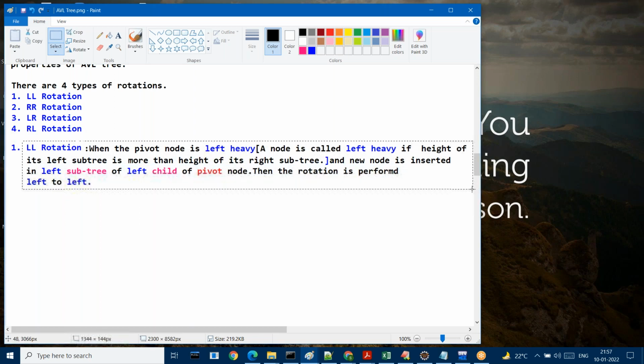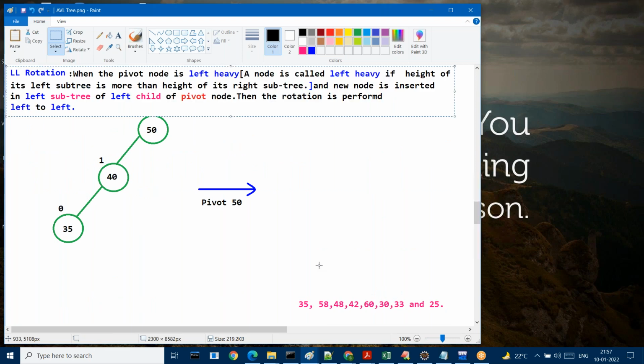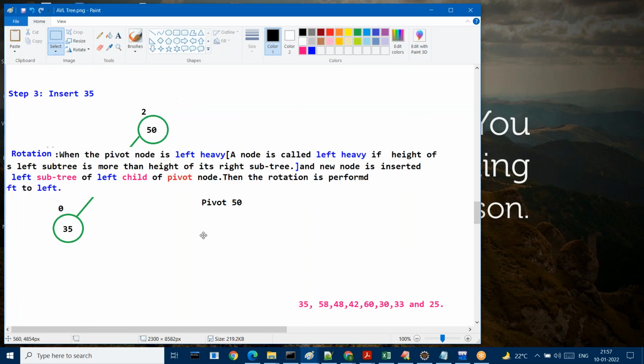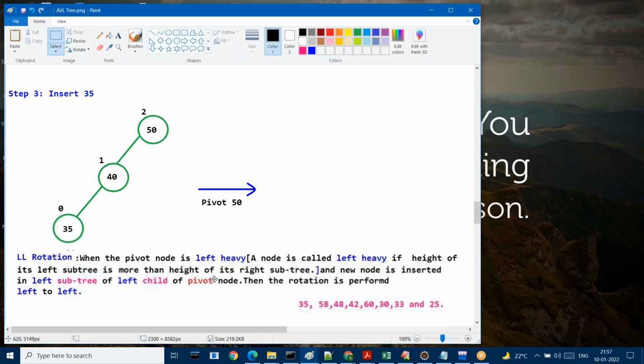Can we relate this to the rotation to identify it or not? When the pivot node is left heavy, is the pivot left heavy, guys? Left heavy means the height of left subtree is more than the height of right subtree. Yes, height of left subtree is more than right subtree.